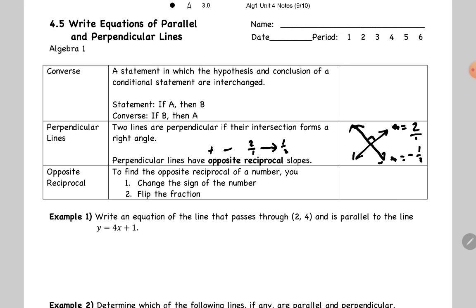Write an equation of a line that passes through 2, 4 and is parallel to the line y equals 4x plus 1. If you don't remember, parallel means same slope. They don't intersect at all.